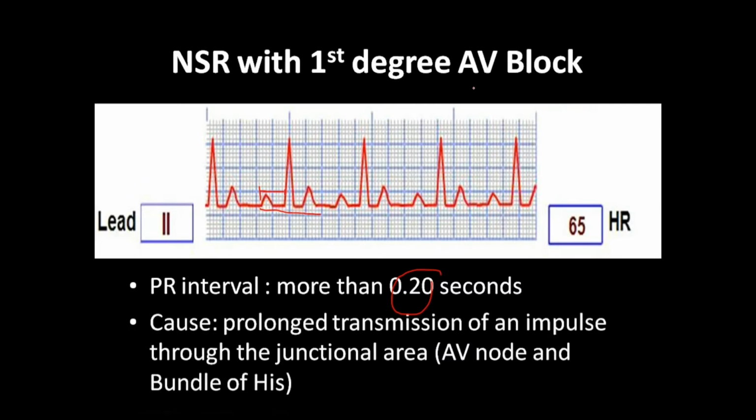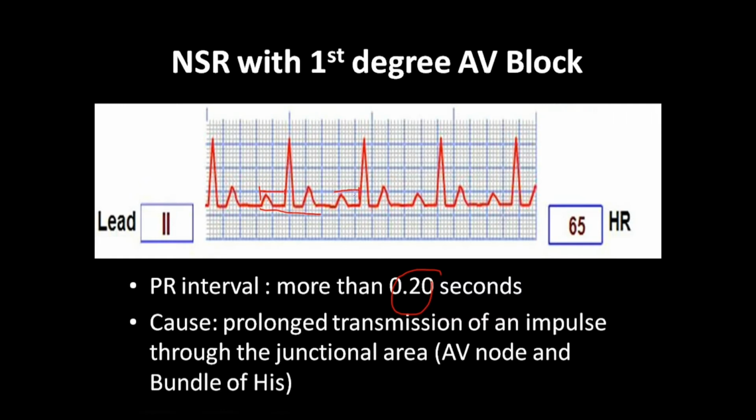So the cause for this kind of first degree AV block is prolonged transmission of an impulse through the junctional area, the AV node and the bundle of His. So from the SA node to the AV node, the atrial depolarization will take place.